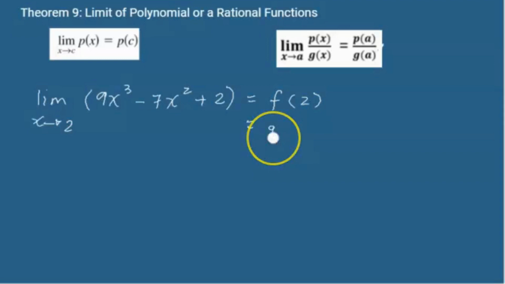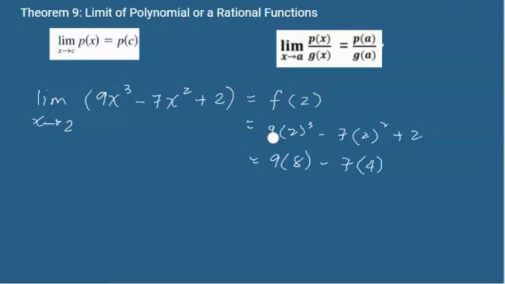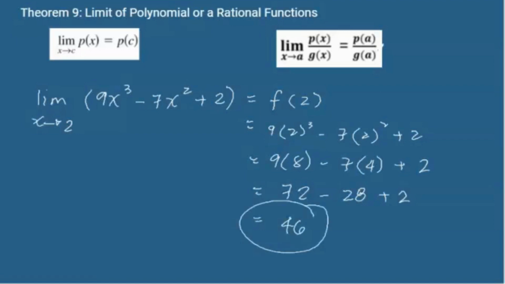So we have 9 times 2 cubed minus 7 times 2 squared plus 2. So 9 times 8, 2 cubed is 8, minus 7 times 2 squared is 4, plus 2. So this is equal to 72 minus 28 plus 2. This is equal to 46.